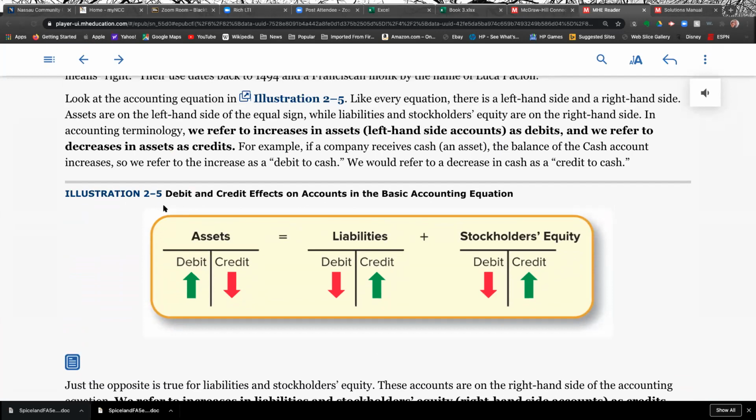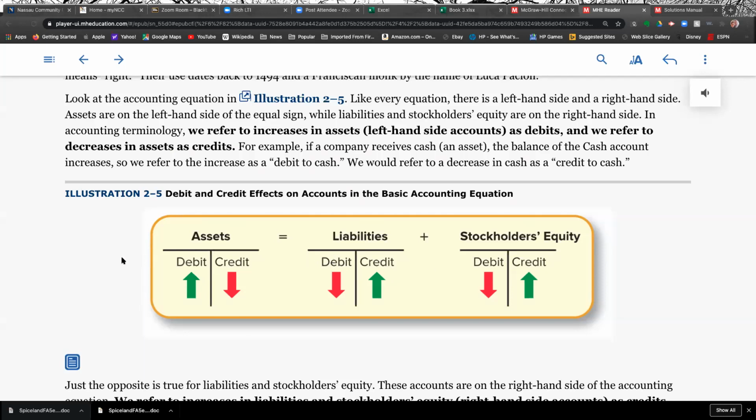And each column that you saw in the spreadsheet would have a separate account. And we're going to record the increases on one side of the account and decreases on the other side of the account. Now notice that they have the words debit and credit here.